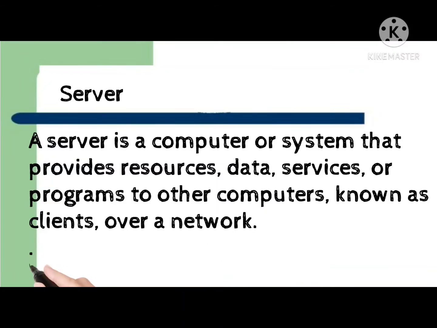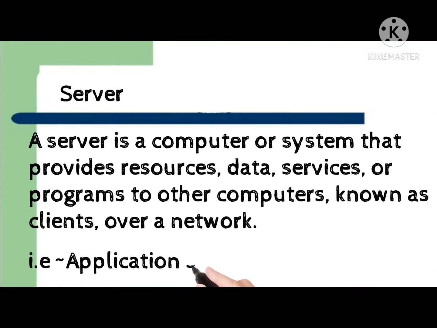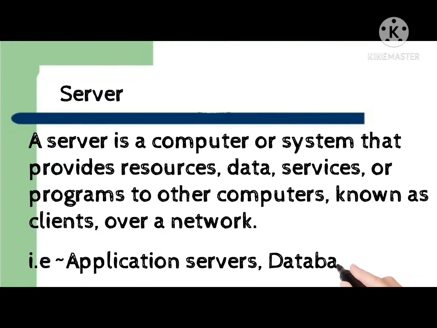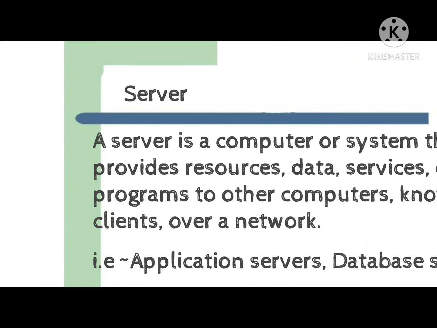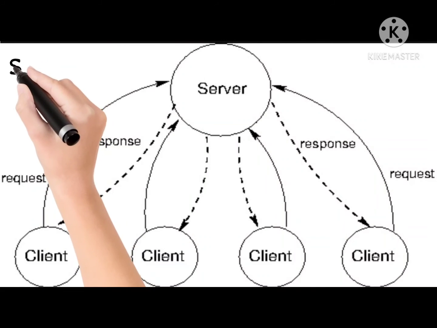As a simple example, there is an application server and a database server. Application server is nothing but, when any website is developed, it is developed in two parts. One is the front end portion, which can be deployed in the application servers, and there is the back end, which we can deploy in the back end server or database server.